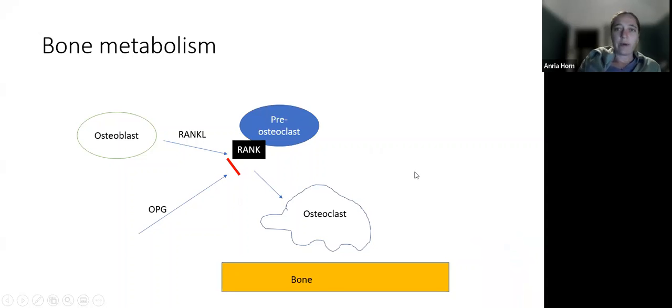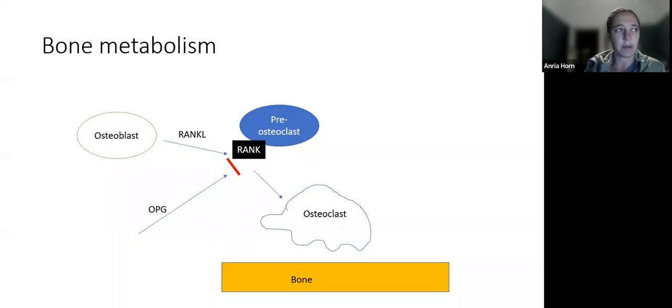Just a brief recap of bone metabolism, and this is something that I have to reread every time I give this talk because I tend to forget these things. This is the cellular aspect of bone metabolism. We know we've got osteoblasts and osteoclasts, and the key molecules here are RANK and RANKL.